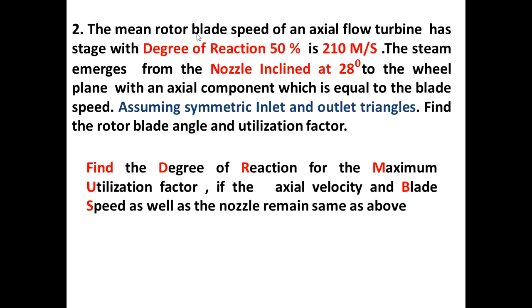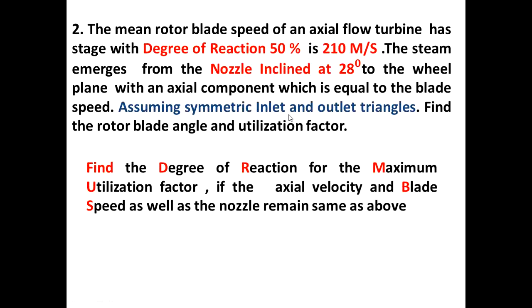The mean rotor blade speed of an axial flow turbine stage with the degree of reaction 50% is 210 meter per second. The steam emerges out of the nozzle inclined at 28 degree to the wheel plane with an axial component which is equal to the blade speed.